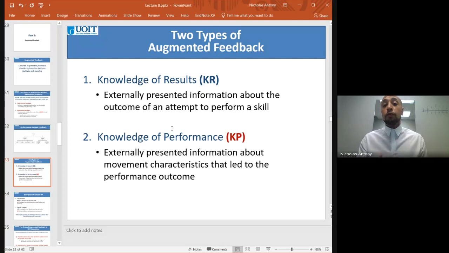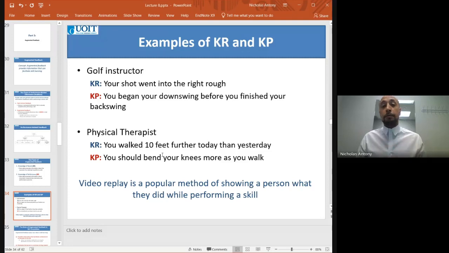And then knowledge of performance, or KP augmented feedback, is more about how they did it, more like the movements. Outcome, movements. Both are important. And then we're going to look at when would be most important to get KR versus KP, depending on the situations. So here, let's talk about some examples of KR versus KP.